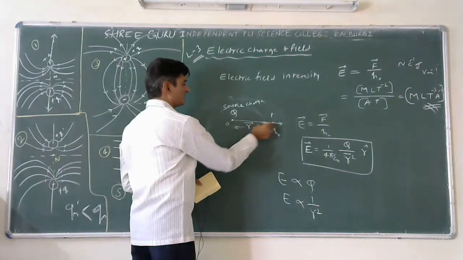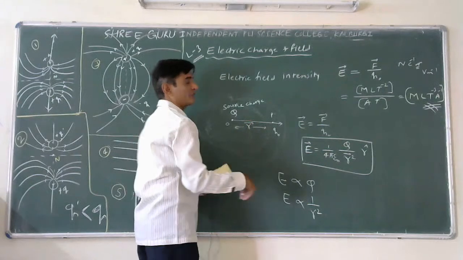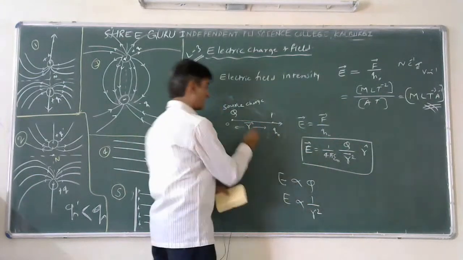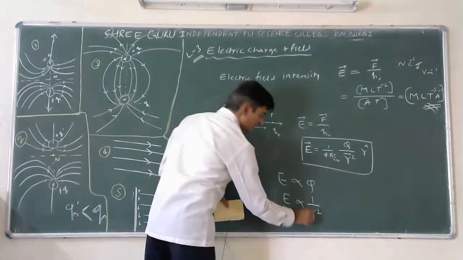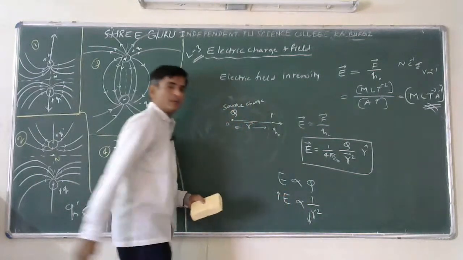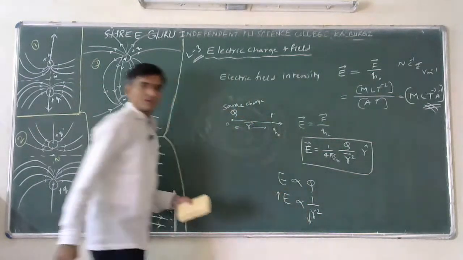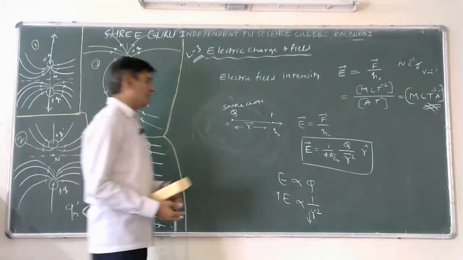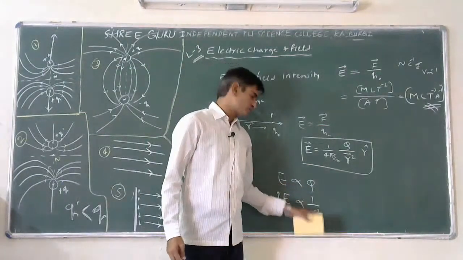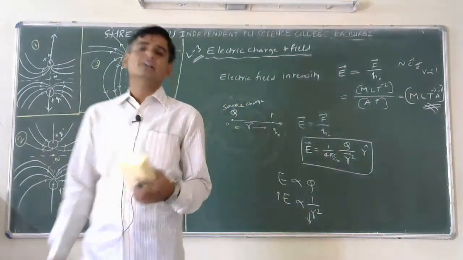If the point P is very close to the source charge, then the electric field intensity will be more because the R value will be less. Understood? So electric field intensity depends upon the source charge as well as on the distance.